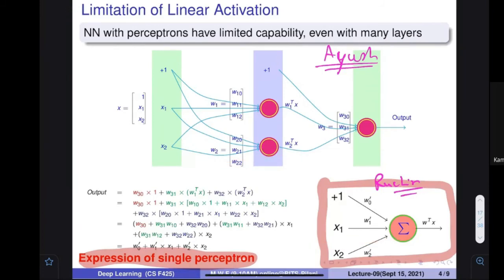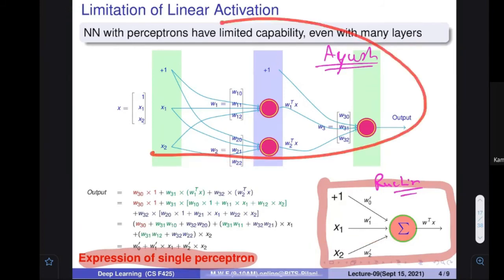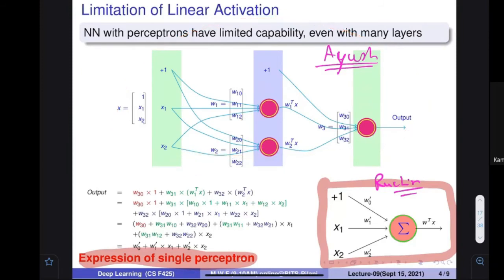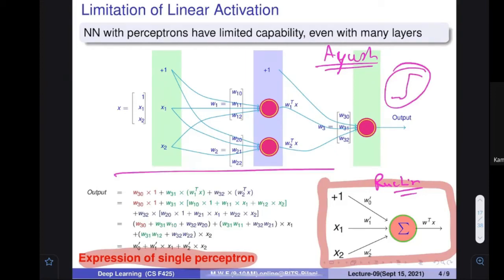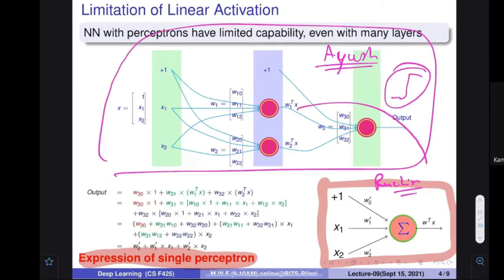What does it mean? Whatever big circuit Ayush comes up with, a big neural network circuit, is going to be the Ruchir one, because he is going to use a single thing. So we were solving a big problem, and to solve that problem we reduced the thresholding part. But if you remove that particular thresholding part, we are dead, because whatever big circuit you come up with actually collapses to only a single perceptron.